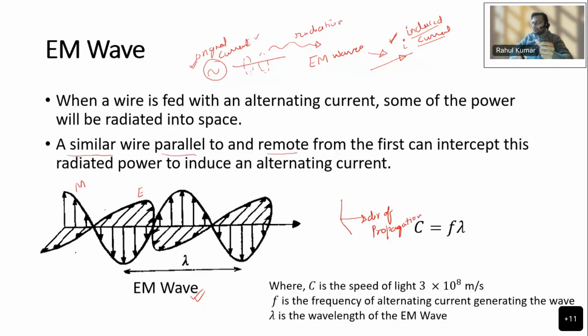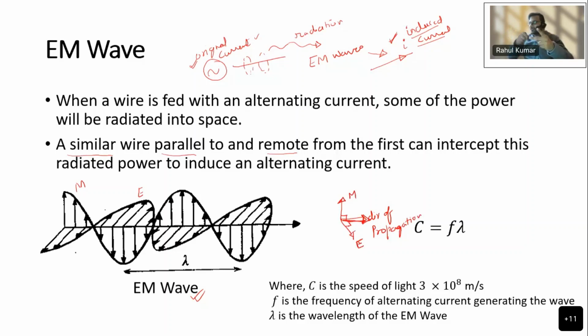So if this is your direction of propagation, then these electric and magnetic fields will be perpendicular to each other as well as perpendicular to the direction of propagation. So this is kind of a 3D, something like this.